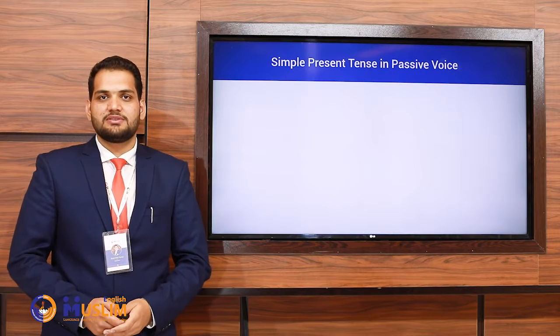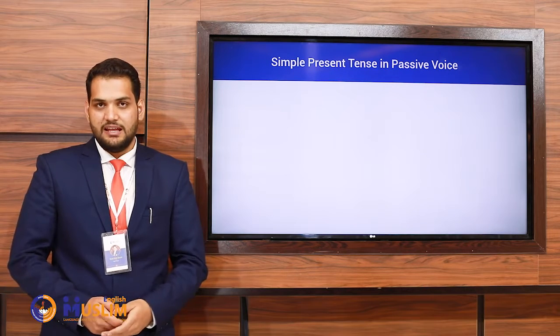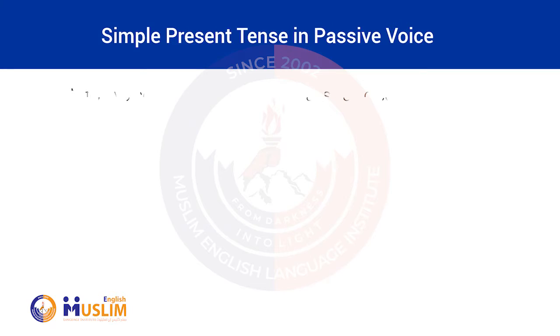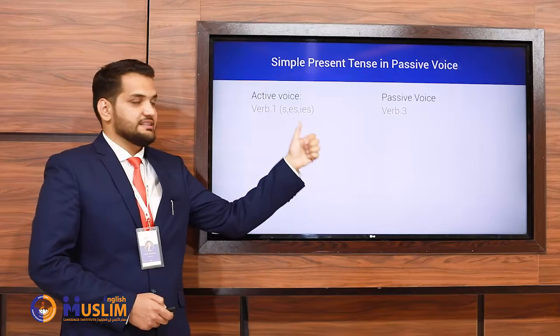Now, let's talk about different tenses in passive voice. The first tense is simple present tense in passive voice. The verb form that we use in simple present tense in active voice is verb 1. And if the subject is singular, then we use s, es, or ies. But the form of the verb that we use in passive voice, in simple present tense, is verb 3.